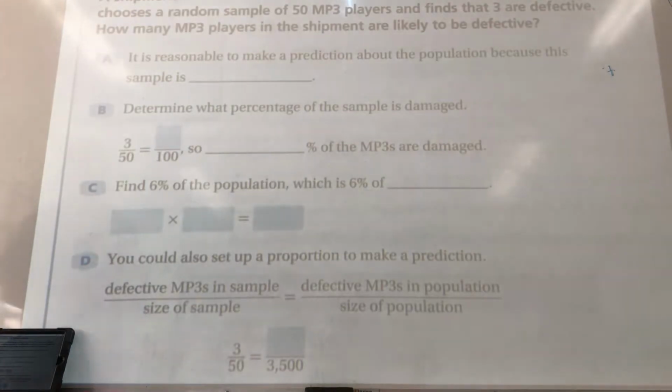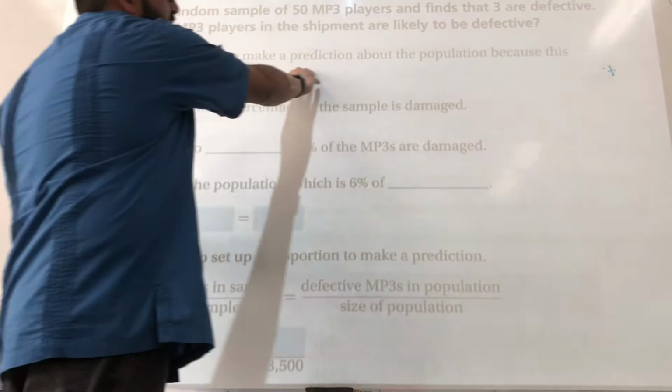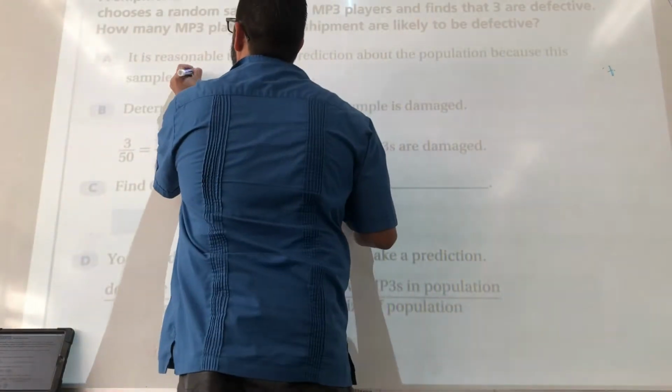A shipment to a warehouse consists of 3,500 MP3 players. The manager chooses a random sample of 50 MP3 players and finds that 3 are defective. How many MP3 players in the shipment are likely to be defective? Well, let's just go through. A, it's reasonable to make a prediction about the population because this sample is random.